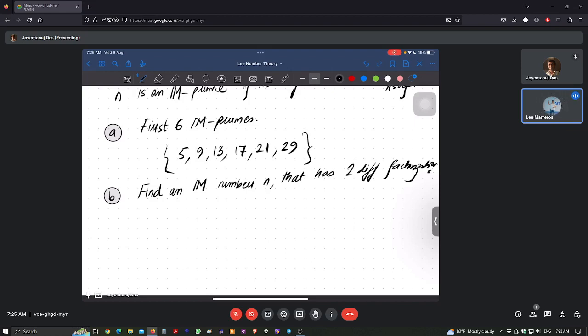The form 4t plus 1, that is an M number. And then 2 different factorizations would be 4t1 plus 1 and 4t2 plus 1.